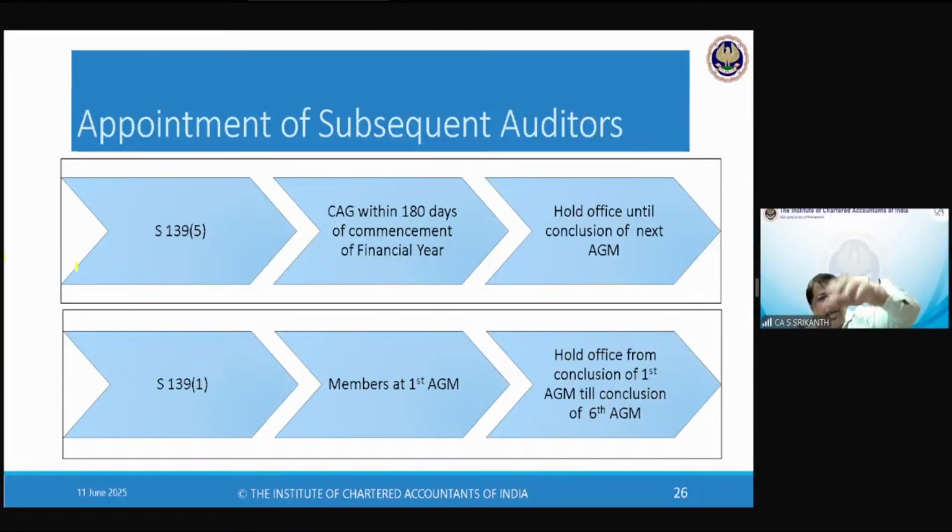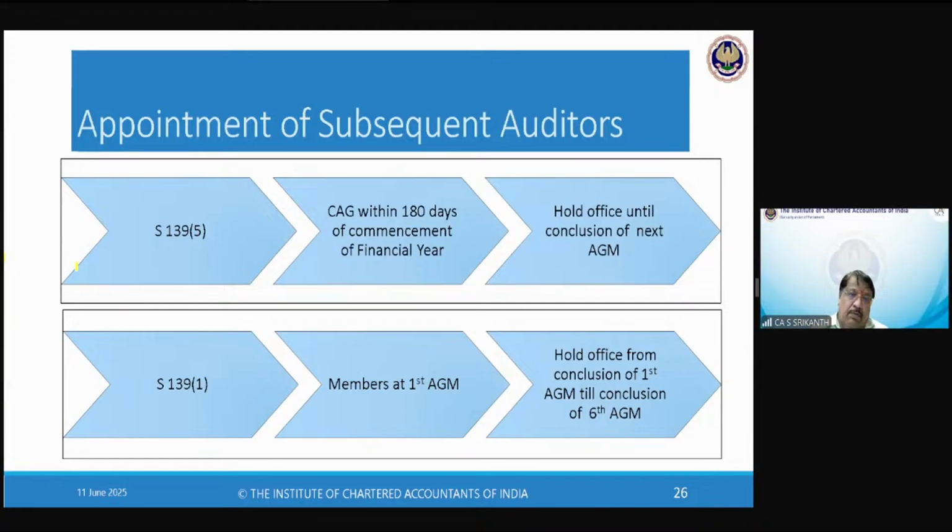That gentleman will be conducting the audit. He will give his audit report in July or August. In the meantime, his own reappointment will come, or some new fellow will come. Whatever, life goes on. But whatever it is, the auditor appointed by the CAG will hold office until the conclusion of the next AGM. Got it? Only 1 year.